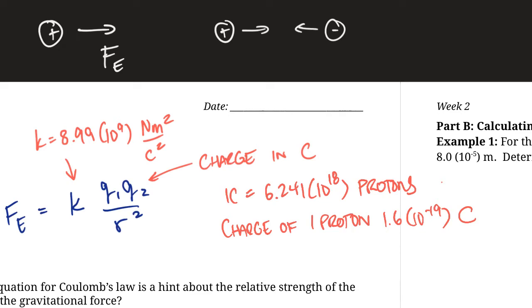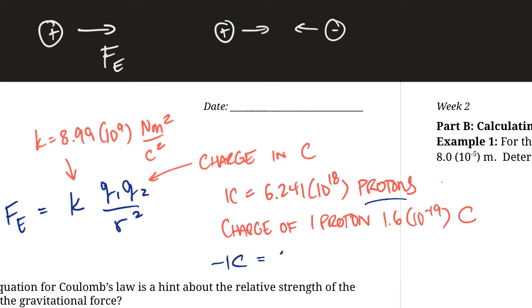The other thing to note is that I said protons. 1 coulomb is a certain number of protons. If we were talking about electrons, we would say the charge is negative 1 coulomb, because an electron and a proton have the same electric charge, they're just opposites of each other.